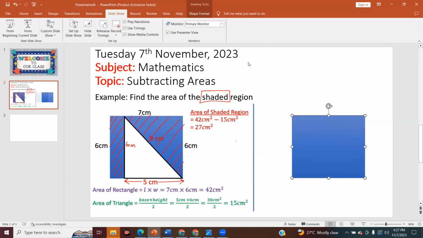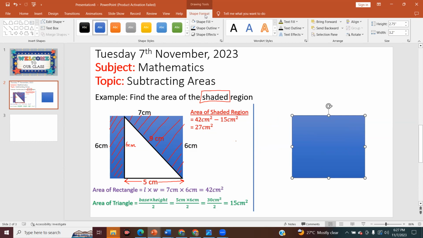So again, we want to find the area of the shaded region. Let's say we have something like this, and this is going to be example number 2. Let's say we have something like this, and again, we want to find the area of the shaded region.